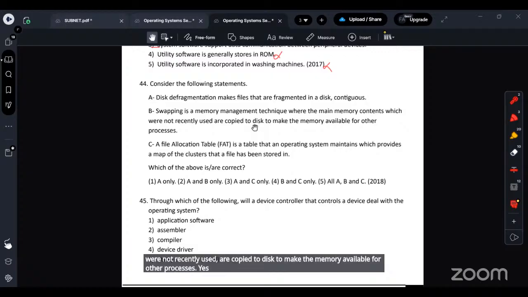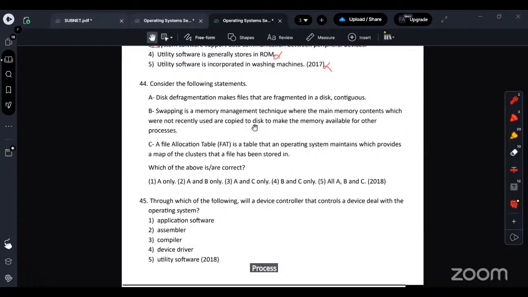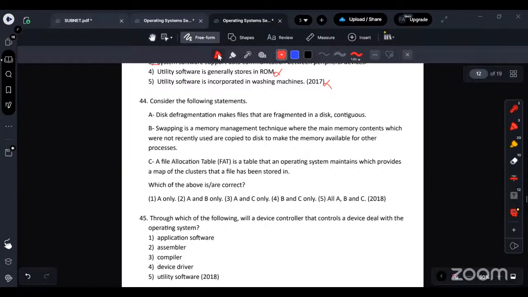Yes. So swapping, what does it do? It moves processes or memory pages between RAM and secondary storage, meaning the disk, to optimize memory usage. Right? So that is also correct. Option B is also correct.